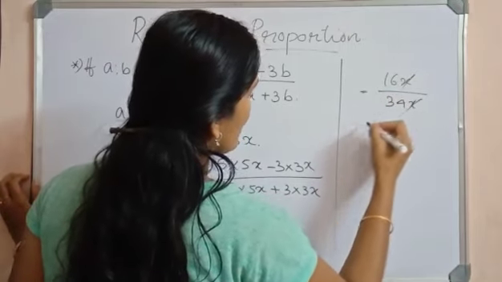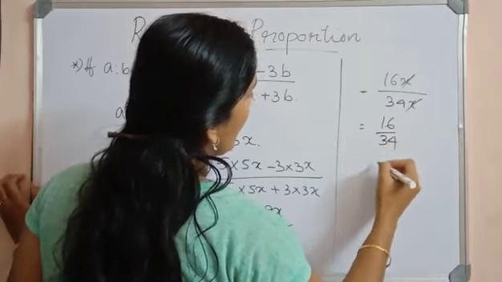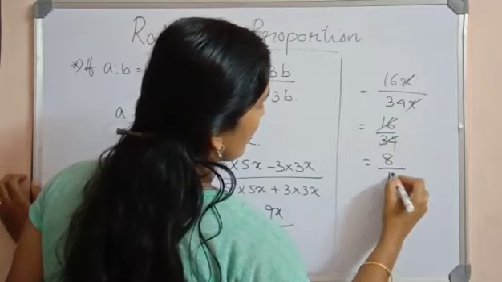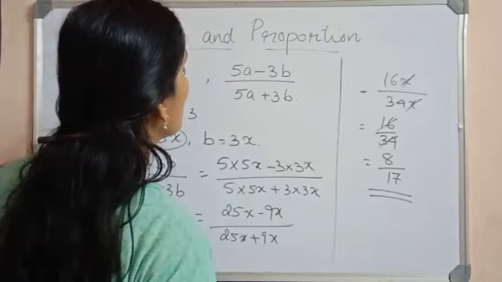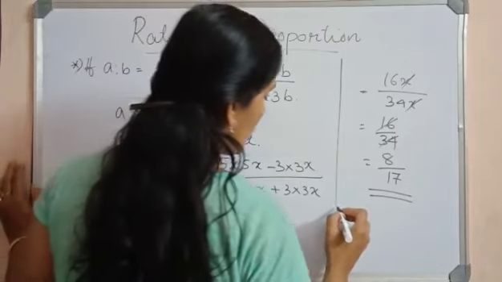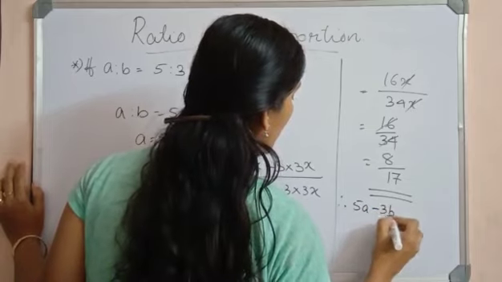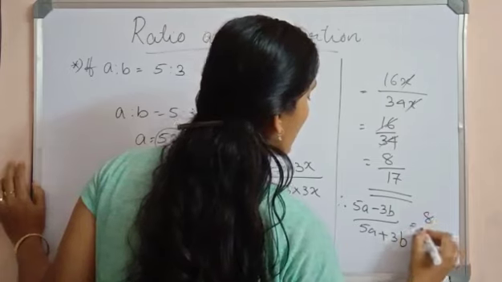Here x cancels and we get 16 by 34. Cancelling by 2, we get 8 by 17. So 5A minus 3B by 5A plus 3B is equal to 8 by 17.